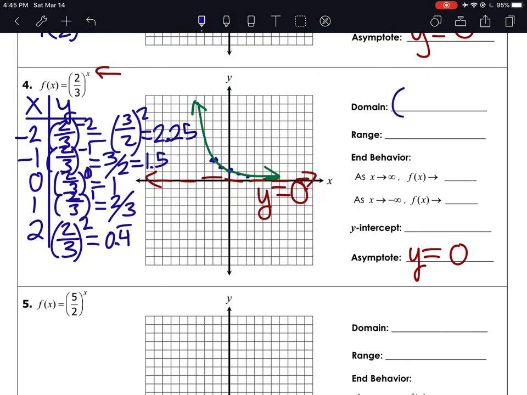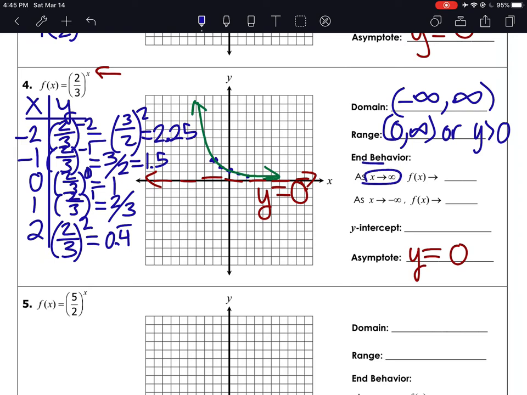Your domain. Can you plug in any kind of x and still get a value? Yes. But your range, the graph only hits certain kinds of numbers, and those are positives. So you can write it as parentheses 0 to infinity, which means you are not including 0, or you could write it as y is greater than 0.